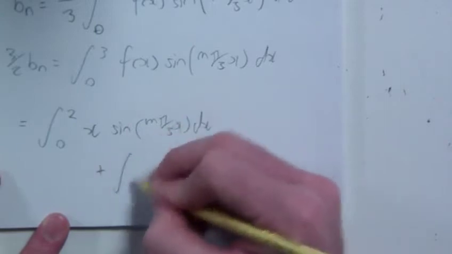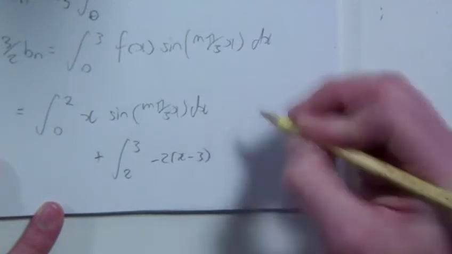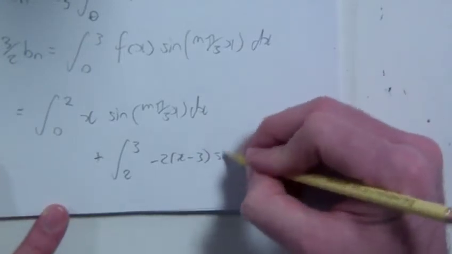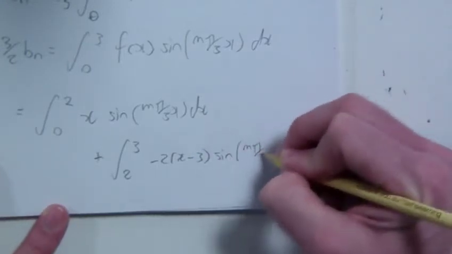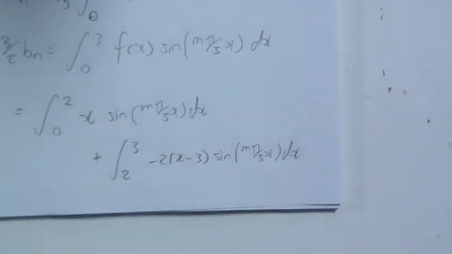And the bit from 2 to 3, the formula is minus 2x minus 3. And I'll have to do both of those integrals separately. Both of them by parts, sadly.